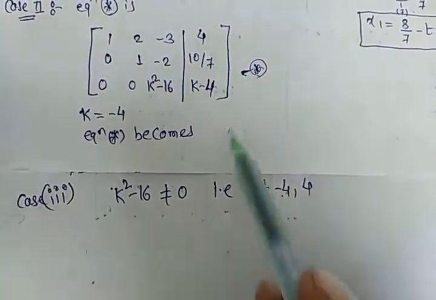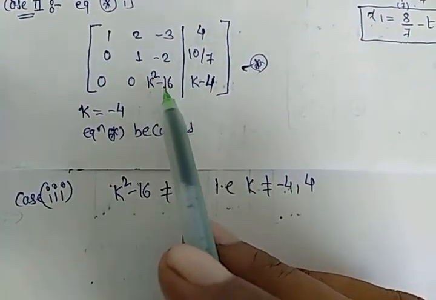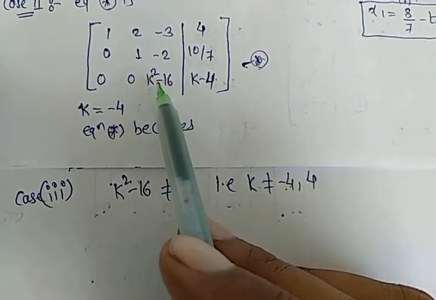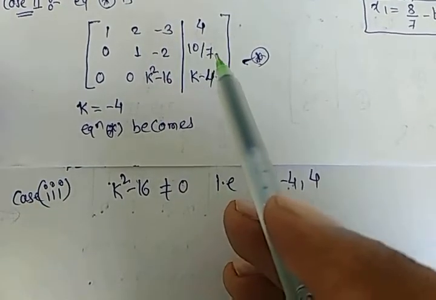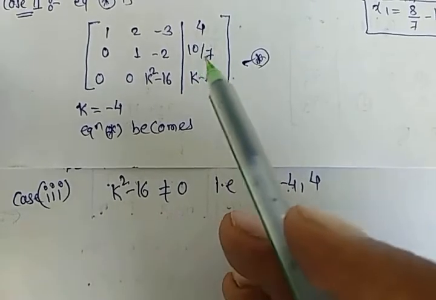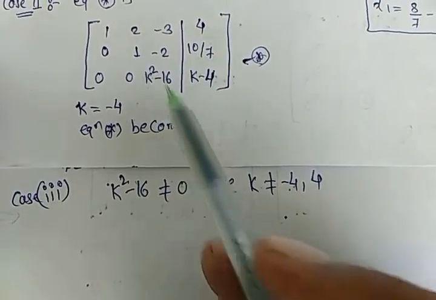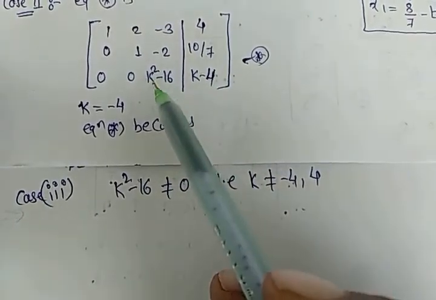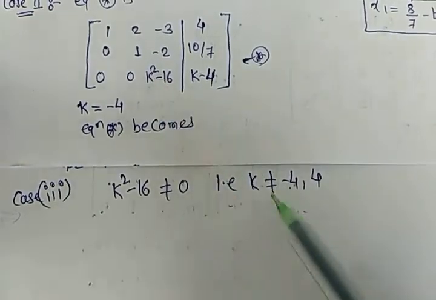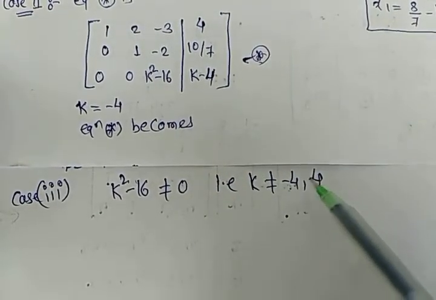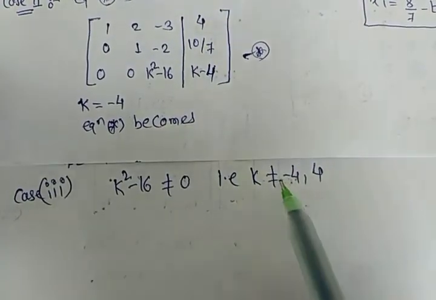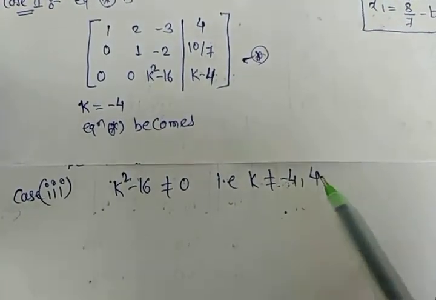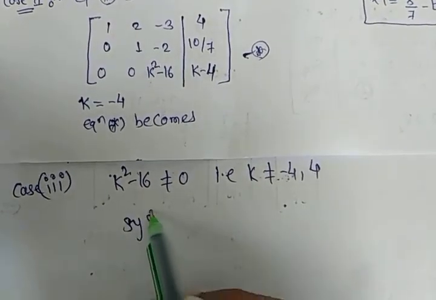If k square minus 16 is non-zero, then we can make it a leading 1 by dividing by that number which we obtain by putting the value of k. There are many values of k other than minus 4 and 4. Now for k square minus 16 not equal to 0, the system has a unique solution.